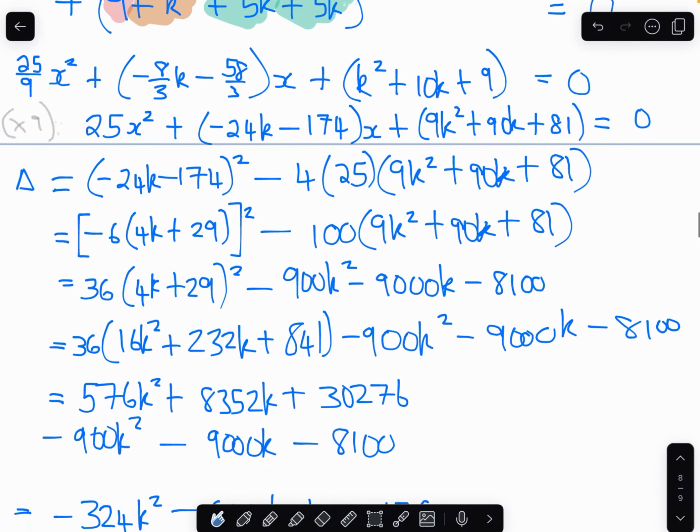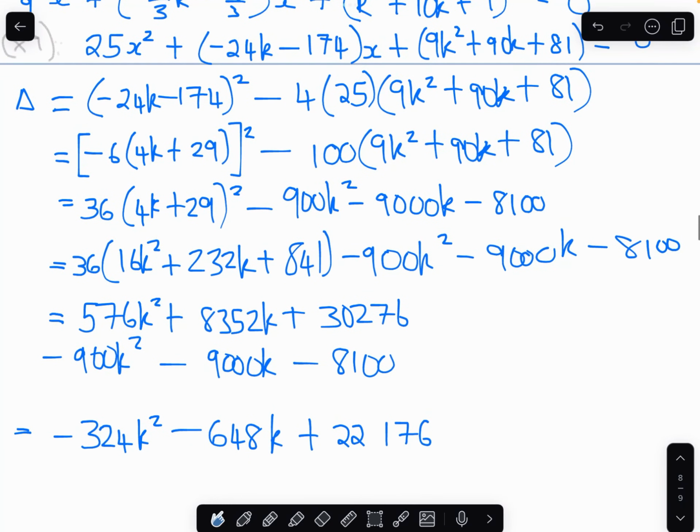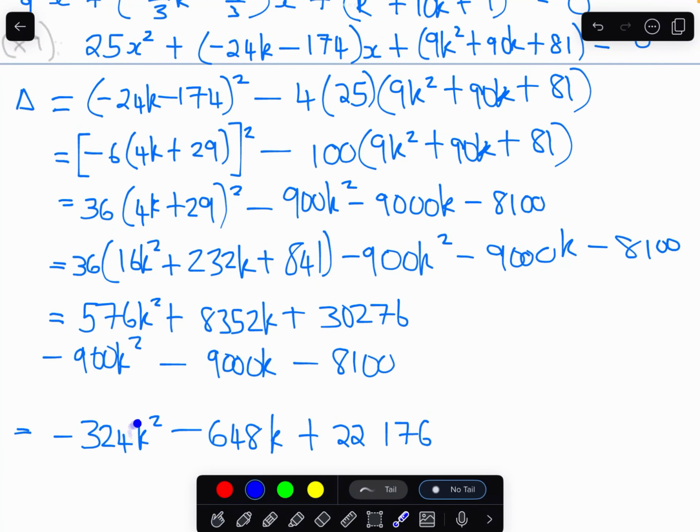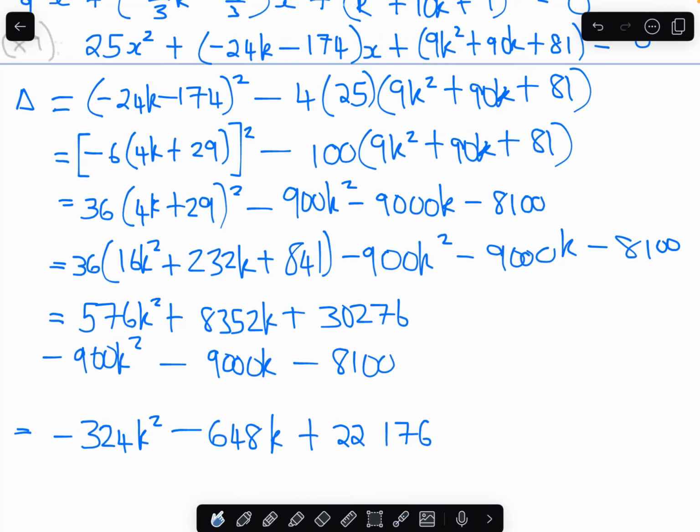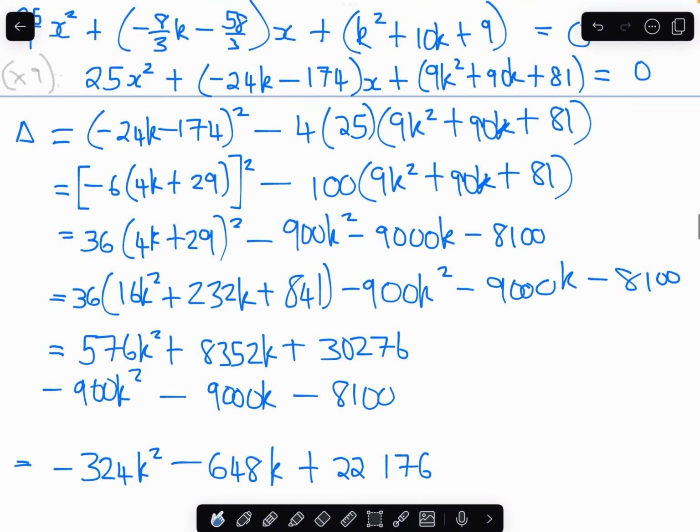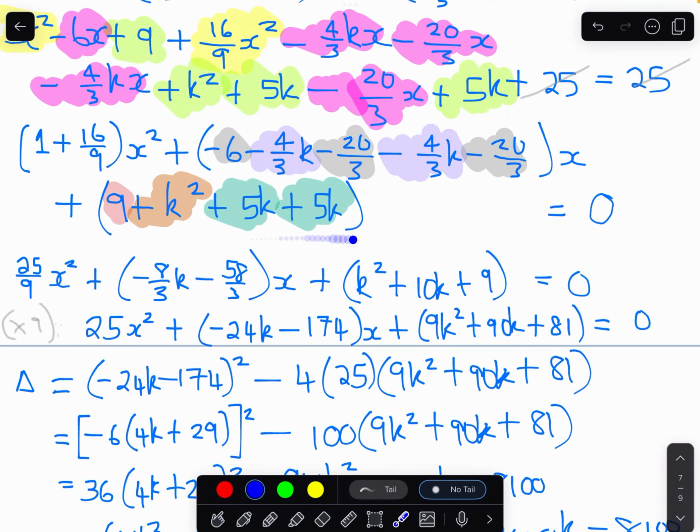So what we are expecting, for example, is that when we put in k equals 22 over 3, this discriminant is going to be equal to 0, right? Because we know that this equation only has one solution when k is equal to 22 over 3.